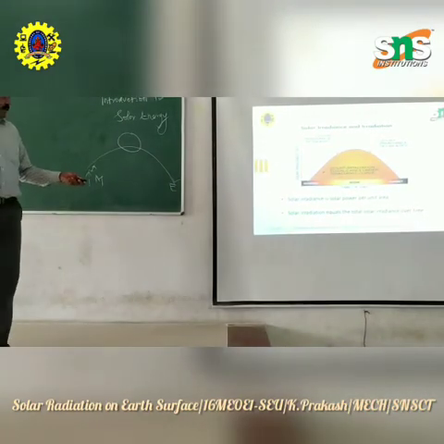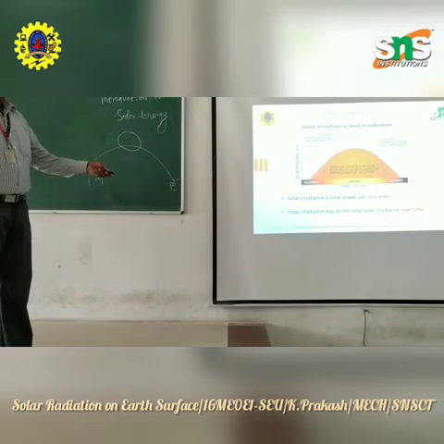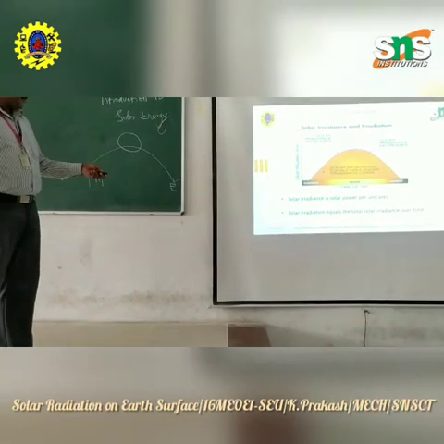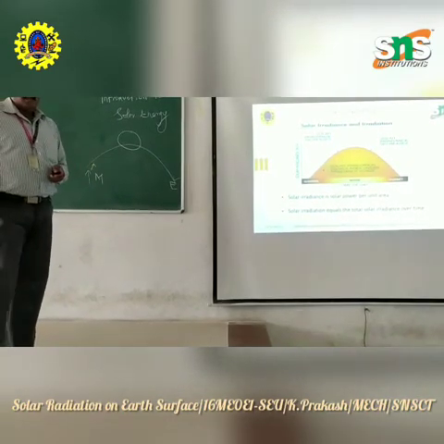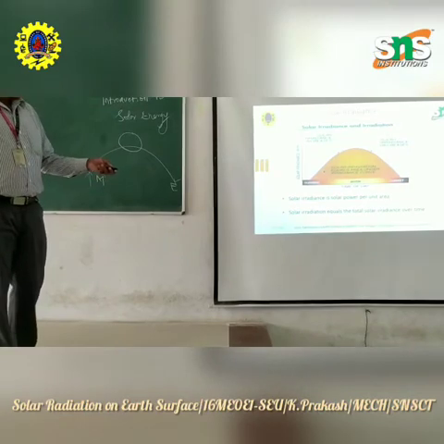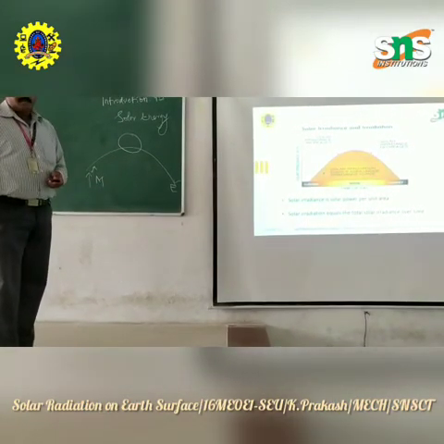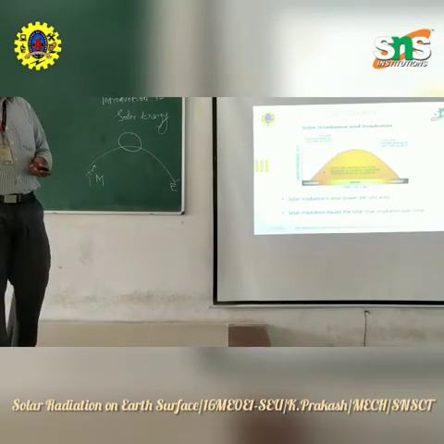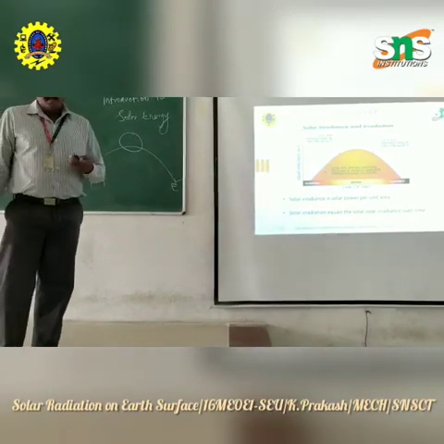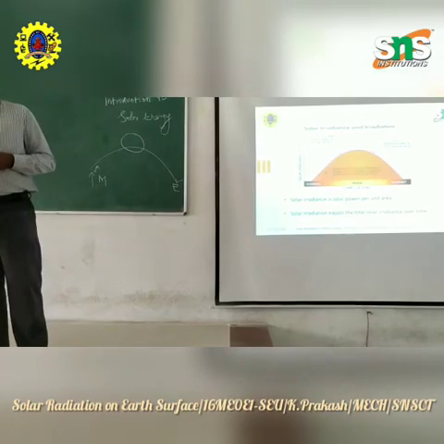Here we have a small graph. In the x-axis we take the time of the day and in the y-axis we take the solar irradiance, given in watt per meter square.